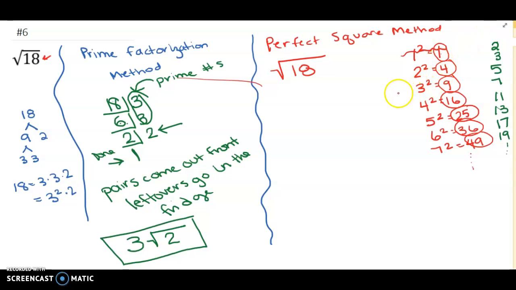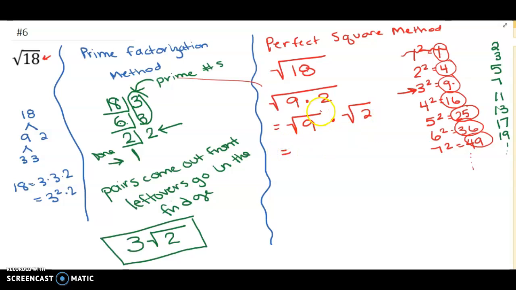Okay, well, if you notice, 9 times 2 is 18. So I can change this to square root of 9 times 2, right? 18 can be written as 9 times 2. Now, because these are separated by a multiplication sign, this is the same thing as the square root of 9 times the square root of 2.